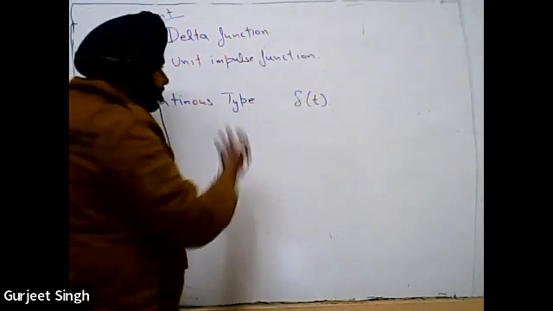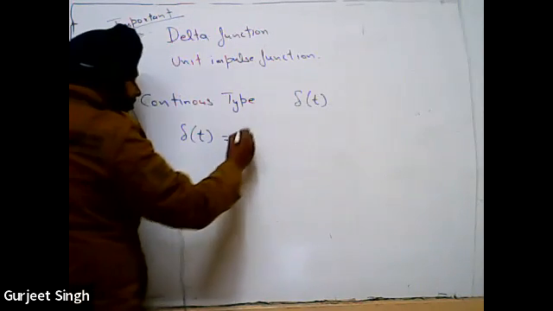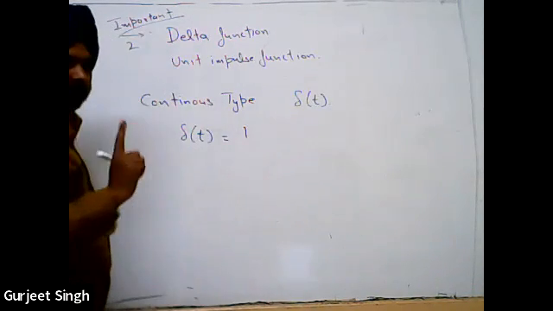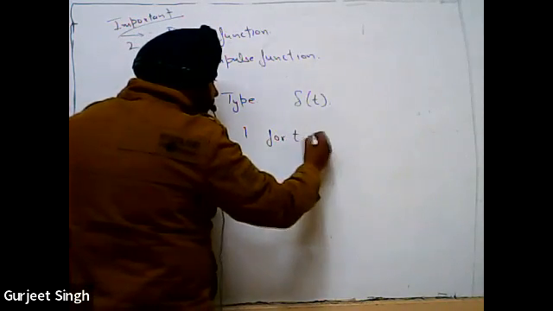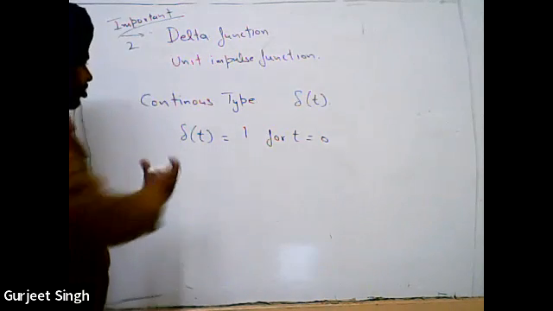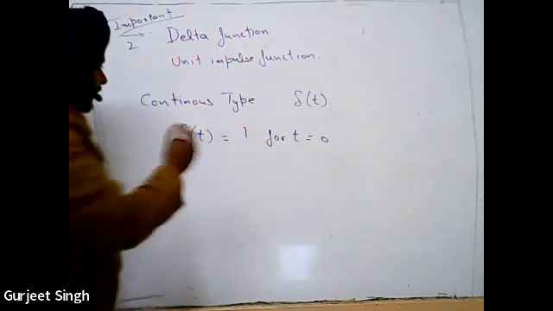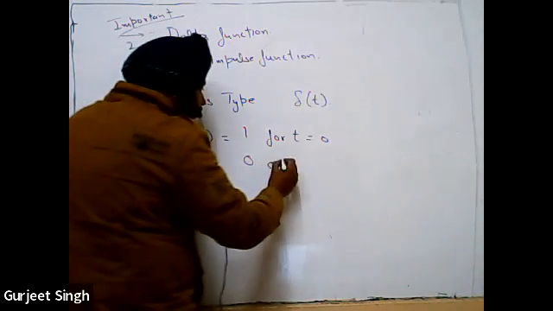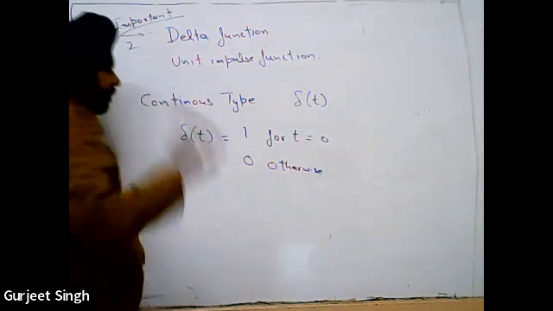And what is this delta t? The delta t function has value 1 for t equal to 0. Means when your time is 0, the delta t function value is 1, and its value is 0 otherwise, at the other positions.